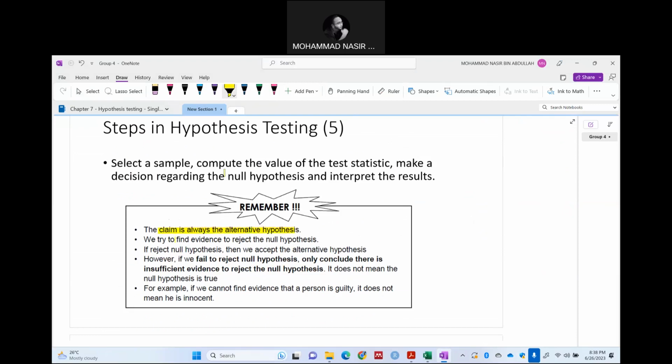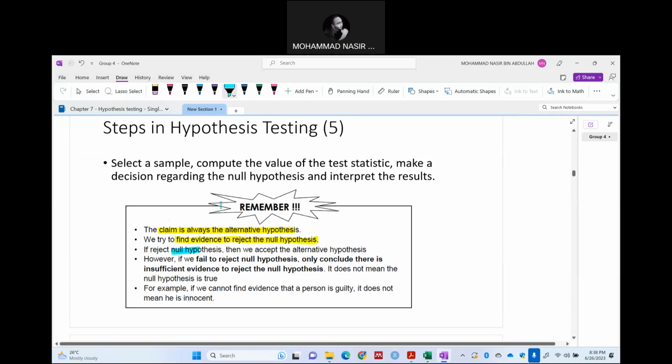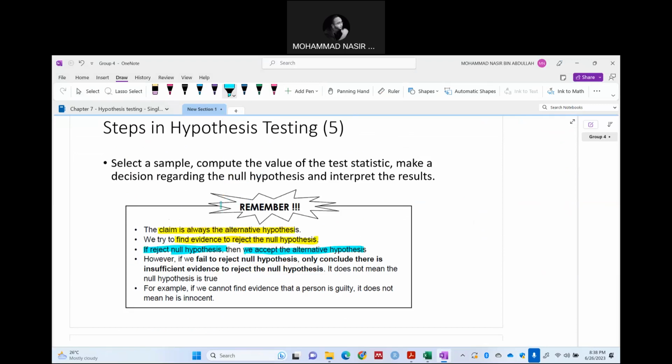We try to find evidence to reject the null hypothesis. If the null hypothesis is rejected, we accept the alternative hypothesis. If we fail to reject the null hypothesis, we only conclude that there is insufficient evidence to reject the null hypothesis. This is how we conclude.